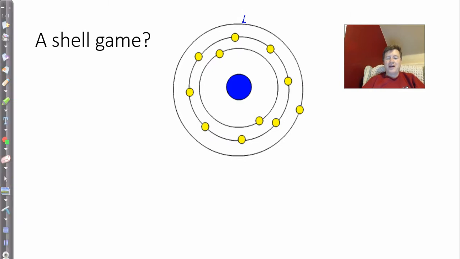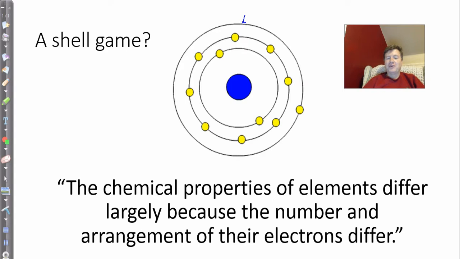In fact, I'll give you a phrase here. The chemical properties of elements differ largely because the number and arrangement of their electrons differ. That is actually a simplified way of thinking about atoms, electrons, and bonds. That may not seem too simple, but look at it again. The chemical properties of elements differ largely because of the number and arrangement of their electrons.